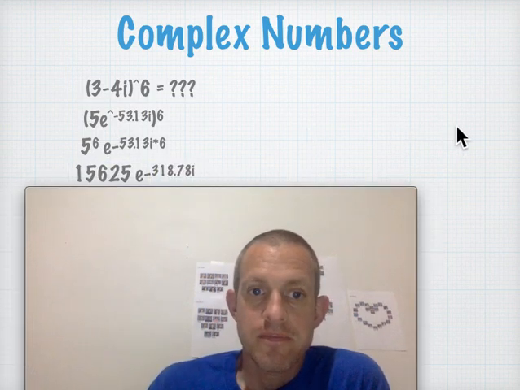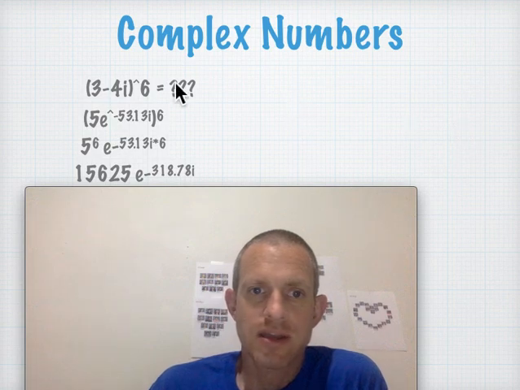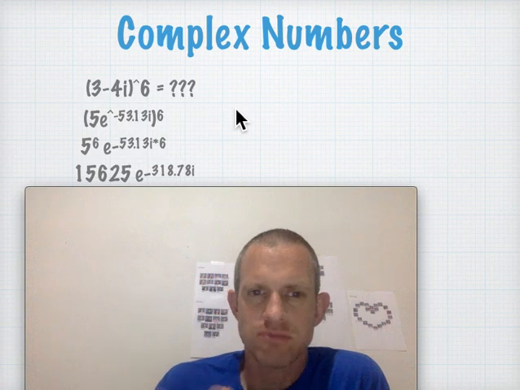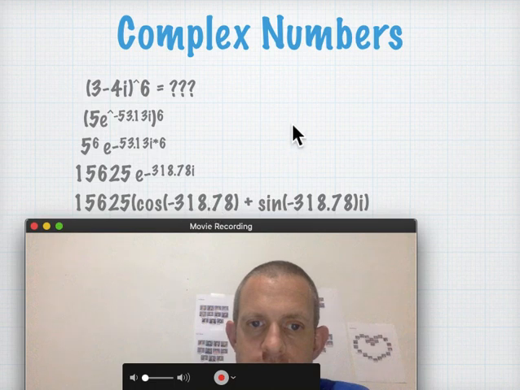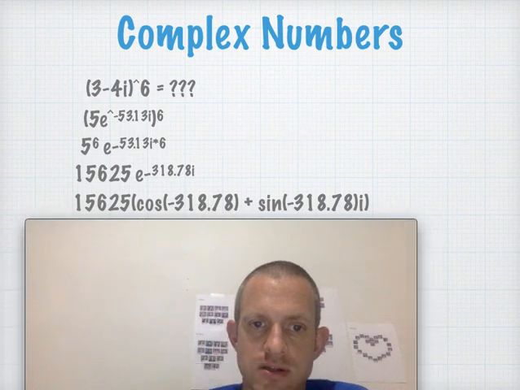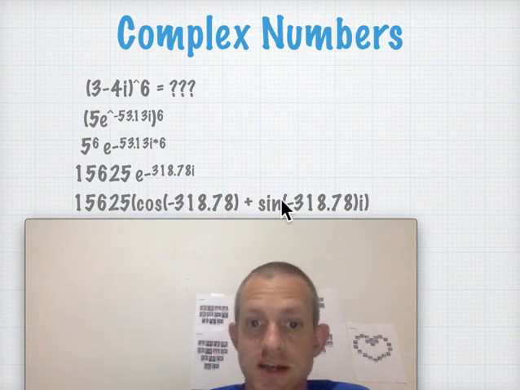Now, how do I get some sort of a number like 3 minus 4i, or something plus or minus something i, back? To do that, I will translate this into the other type of polar form, which uses cosines and sines. Here is still the distance, and then putting it in cosine plus i sine form.